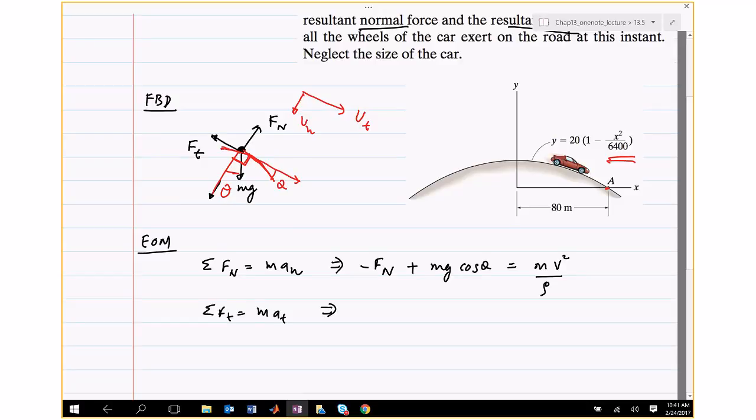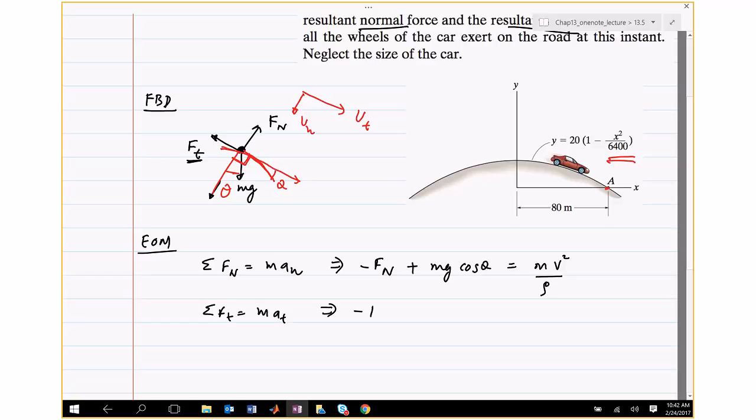So the tangential force, I drew in this direction because it's a friction force. And how does the friction act? It always retards motion. It always acts in the opposite direction of motion. So the car is going forward in the ut direction, and the friction is opposing it. That's why it's in the negative direction.